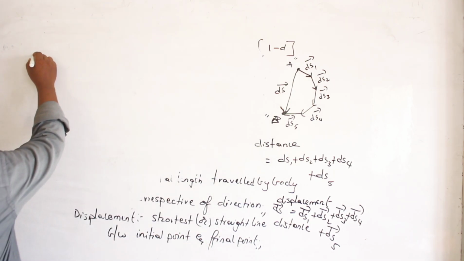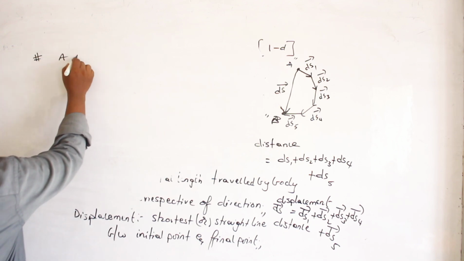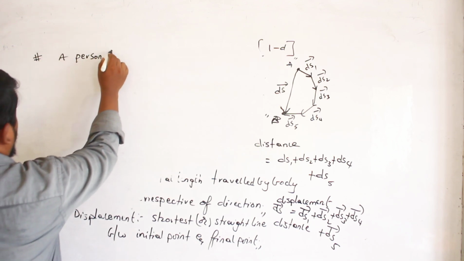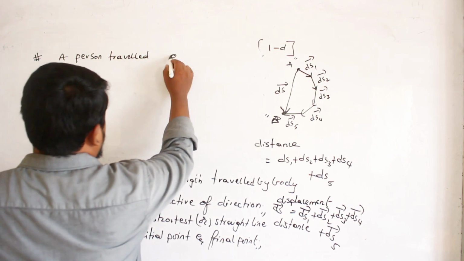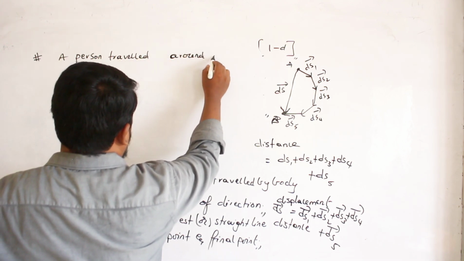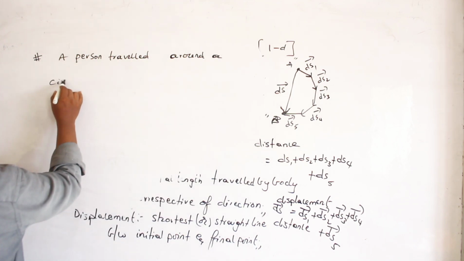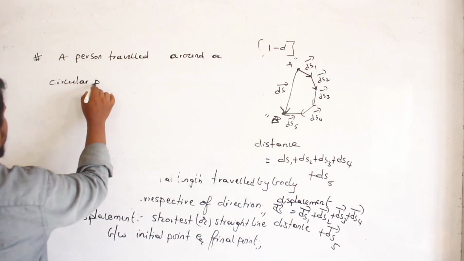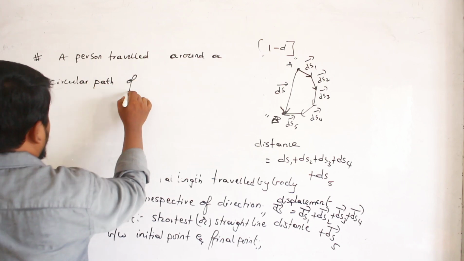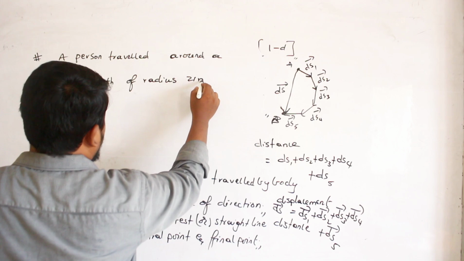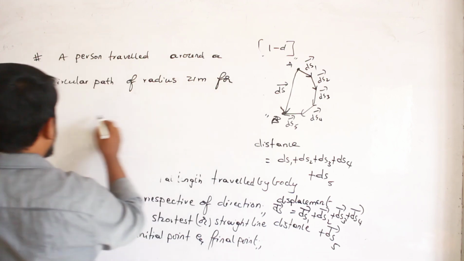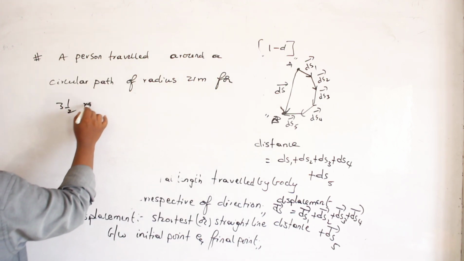So the question is like this. A person traveled around a circular path of radius 21 meters for 3.5 rotations.